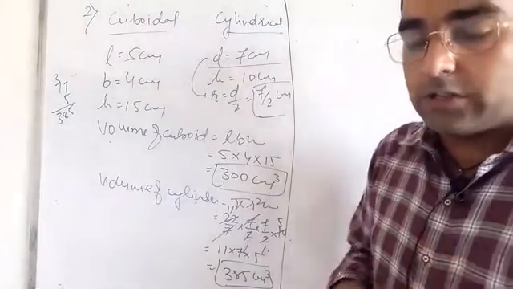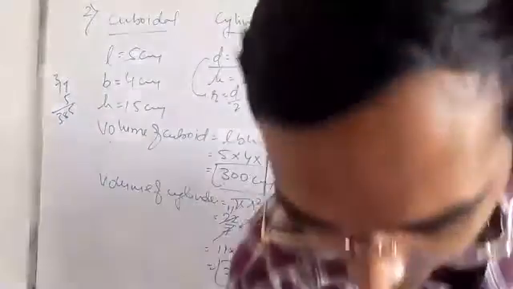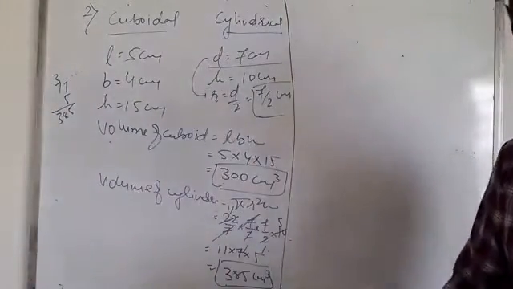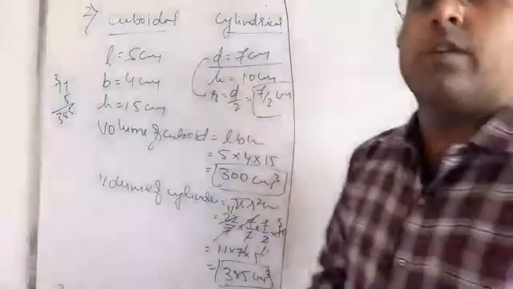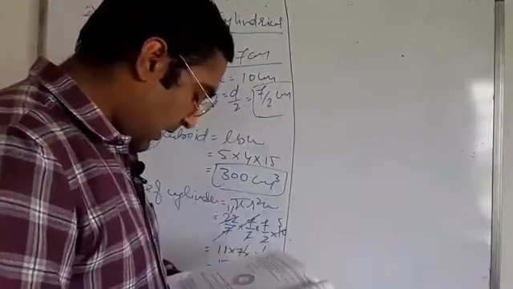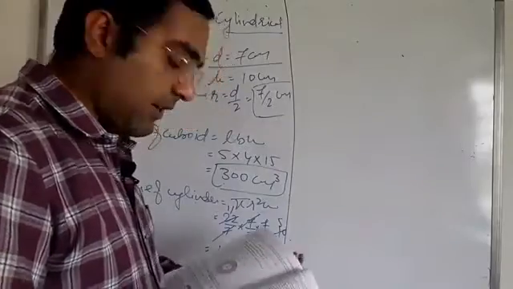Now we have to move to the next question. The pillars of a temple are in cylindrical shape.